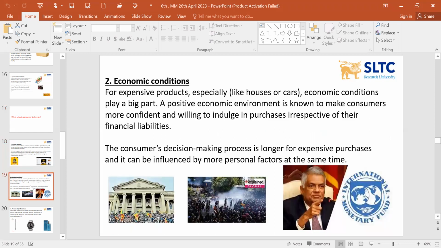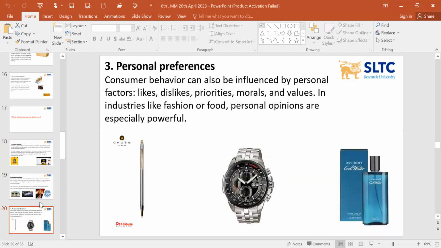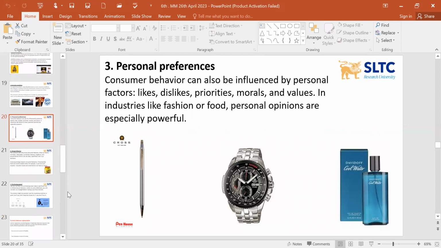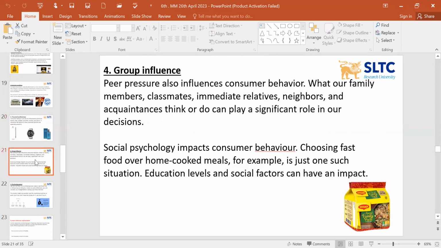And also we looked at the economic conditions of a country, how it affects consumer behavior, with examples. We saw the recent past, how it happens, and also personal preference, how that affects consumer behavior. People have different opinions about products, their preferences. And then we looked at group influence, peer pressure also influences consumer behavior.